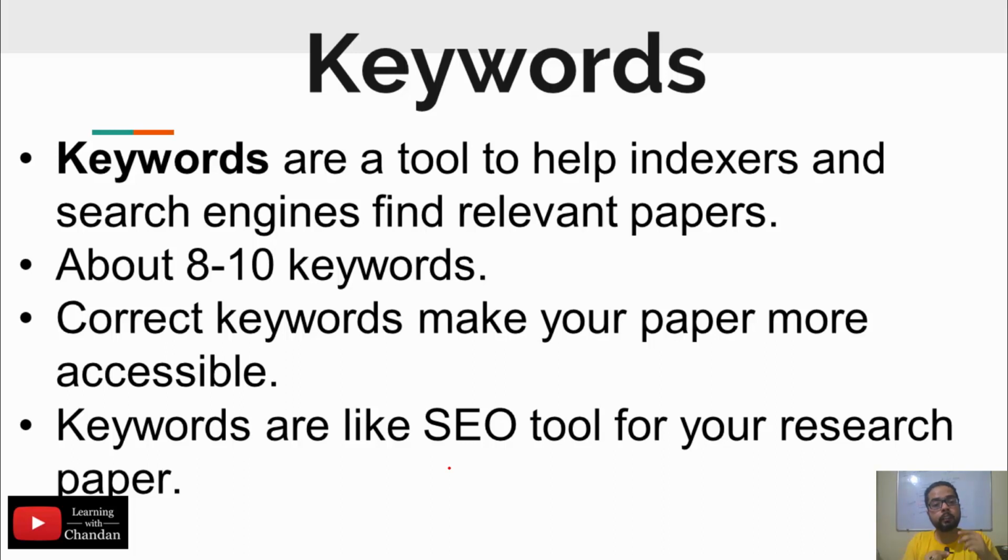So you can add those things in your keywords so that your paper should be accessible for more and more search terms. The more it will be read by others, the better it will be, and the more you will get as citations. So you can have around 8 to 10 keywords in your research paper.